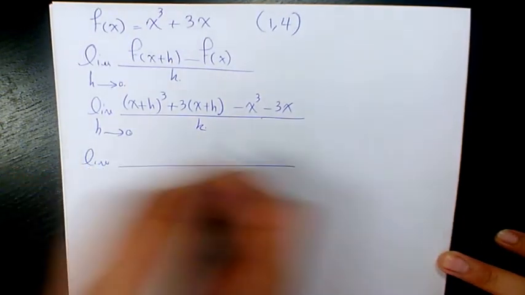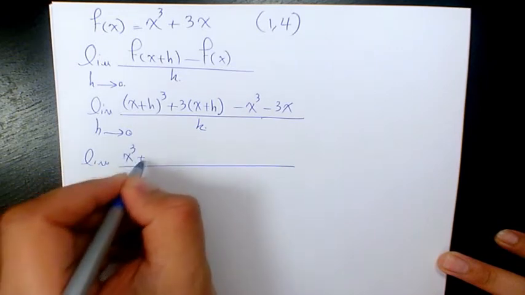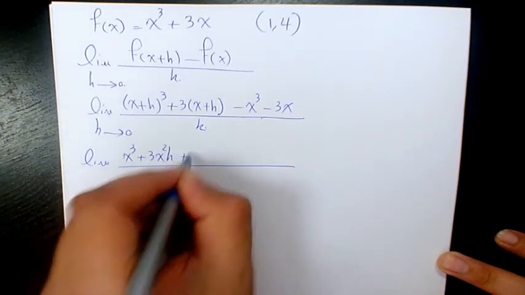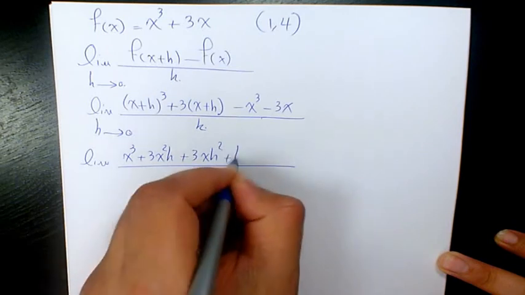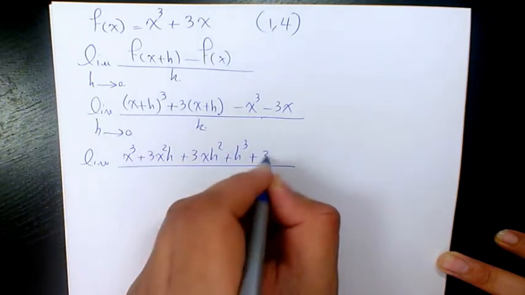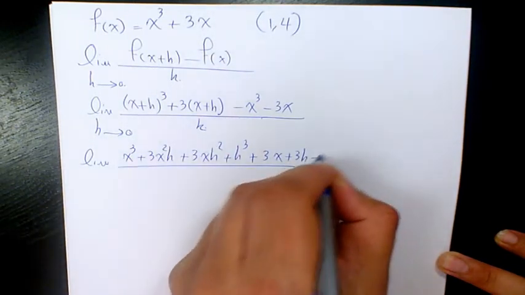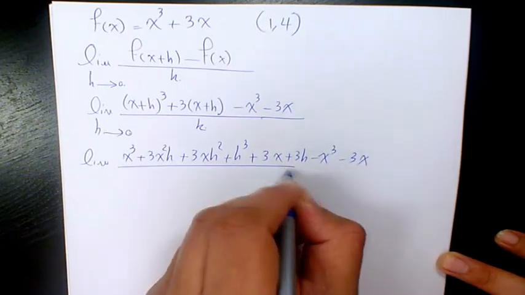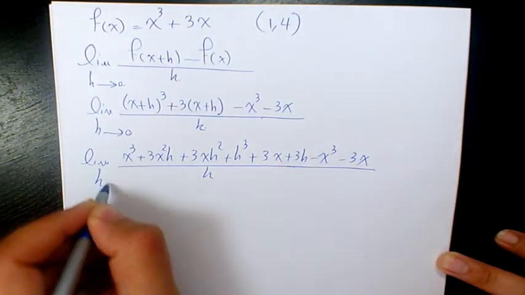Limit of x cubed plus 3x squared h plus 3x h squared plus h cubed plus 3x plus 3h minus x cubed minus 3x divided by h when h is approaching 0.